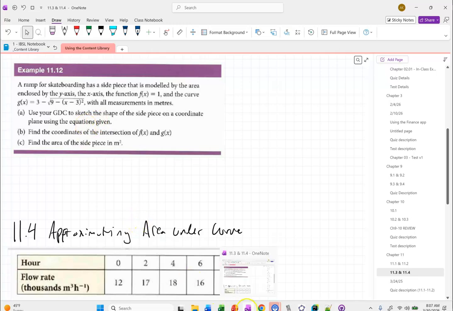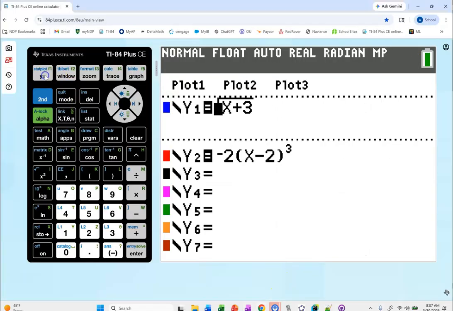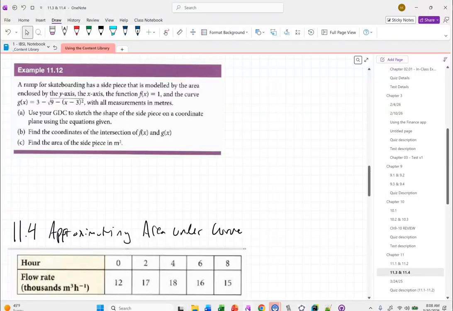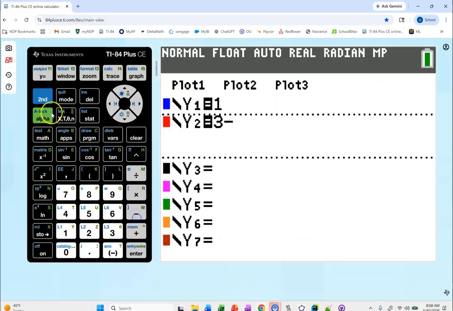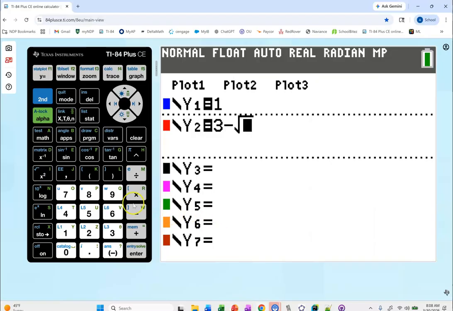Okay, so let's grab that. So we have y equals 1. Then we have that other complicated mess there, 3 minus square root 9 minus x minus 3 squared.